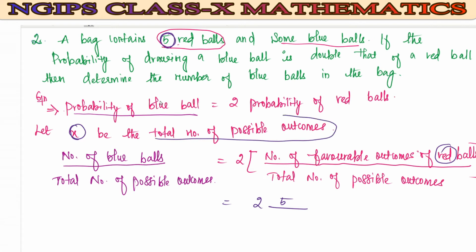And here we have number of blue balls, it is an unknown value, what we need to find. So I will write same as it is, number of blue balls divided by total number of possible outcomes, which is x.